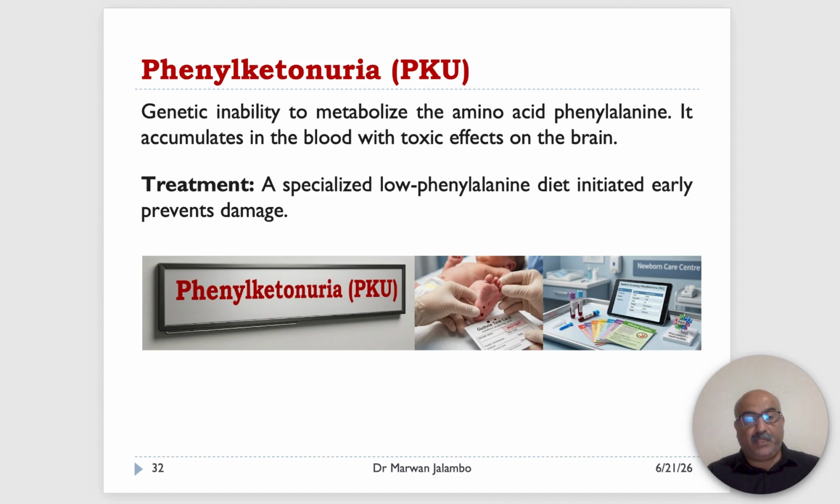PKU is a genetic inability to metabolize an amino acid called phenylalanine, which is found in normal milk and food. Without the enzyme, it builds up to toxic levels, causing profound mental retardation.